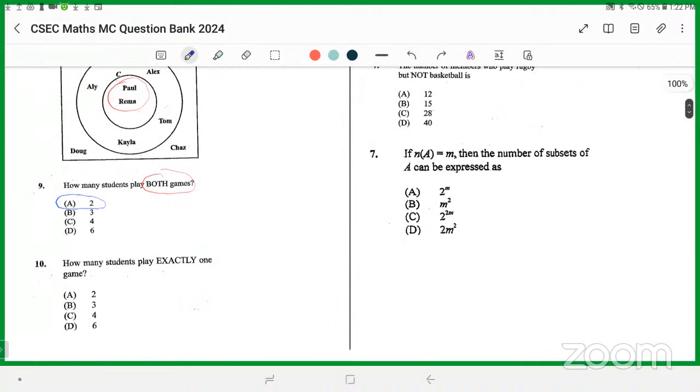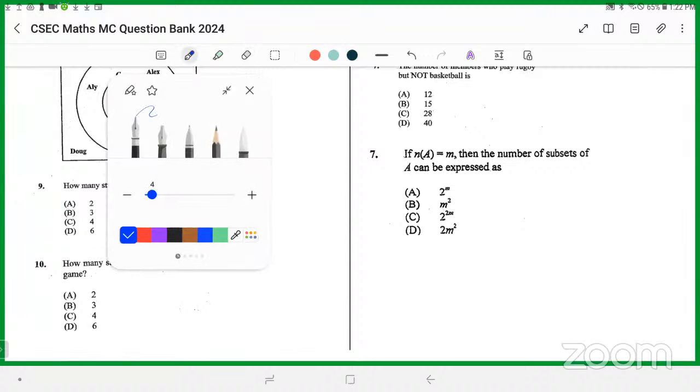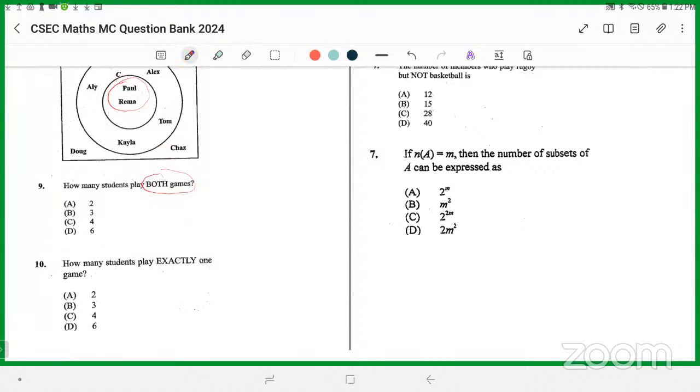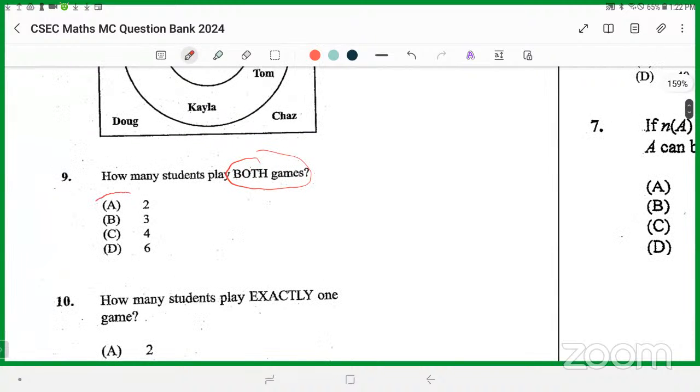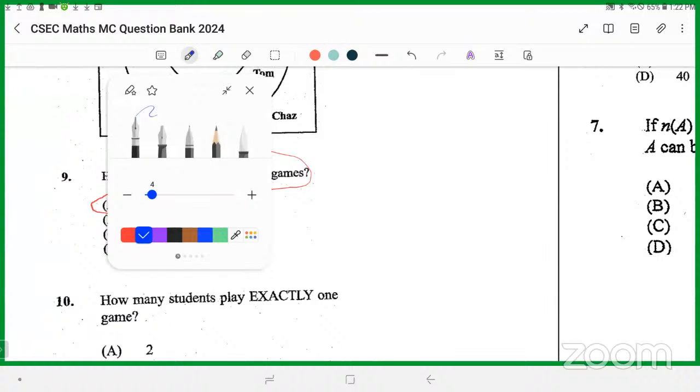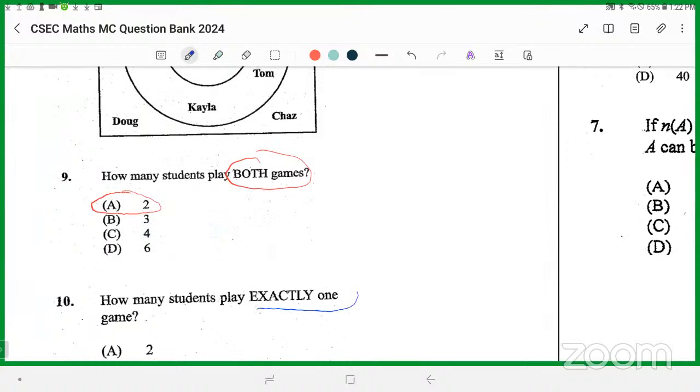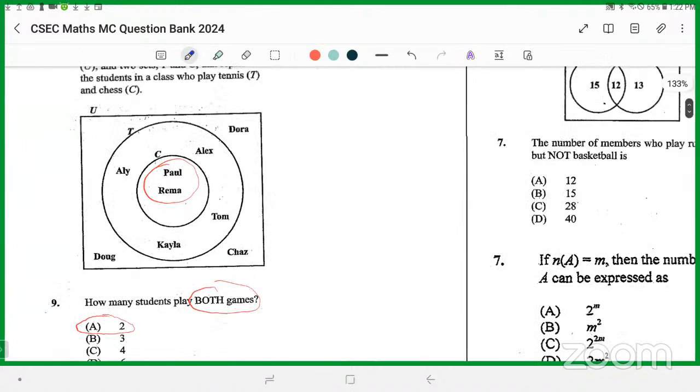So for exactly one game, let me circle that one in a different color. Let me use a color to code it. This one is 2 persons. But those who play exactly one game now will be these: 1, 2, 3, 4 persons play only one game.